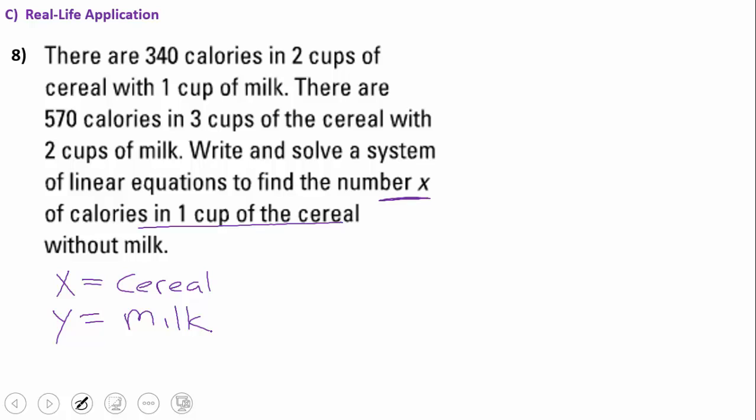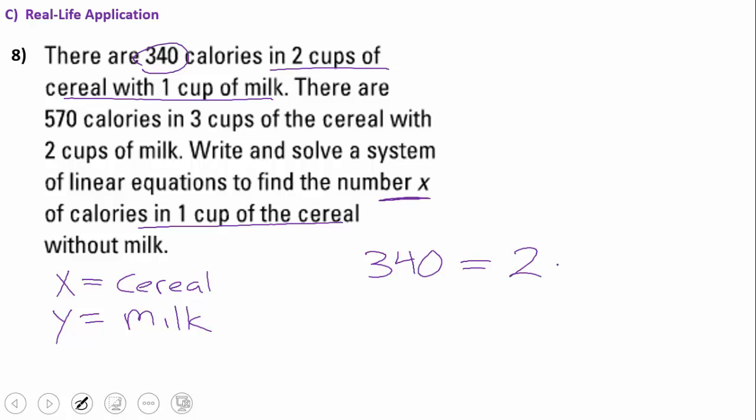So the equations are kind of written for us, because it starts out with 340 calories. I'm going to mark my text here. 340 calories in 2 cups of cereal with 1 cup of milk. That's the equation. So 340 calories will be our equal sign. 2 cups of cereal.